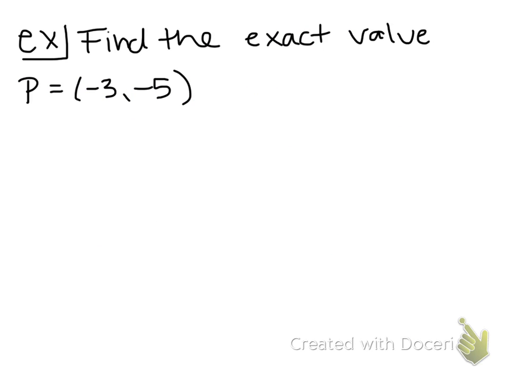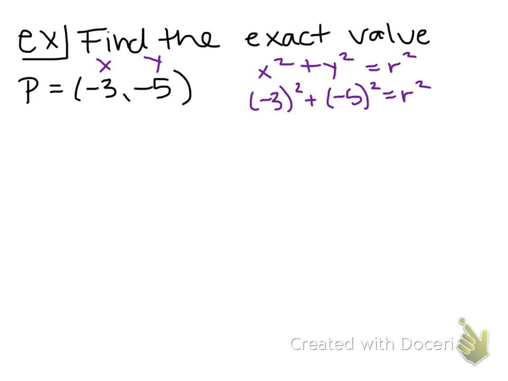For our first example, they want you to find the exact value of the 6 trig functions. You're given a coordinate, which means you know an x and a y, so we have to figure out what our r value is first. I'm going to do x squared plus y squared equals r squared. So I have negative 3 squared plus negative 5 squared equals r squared.